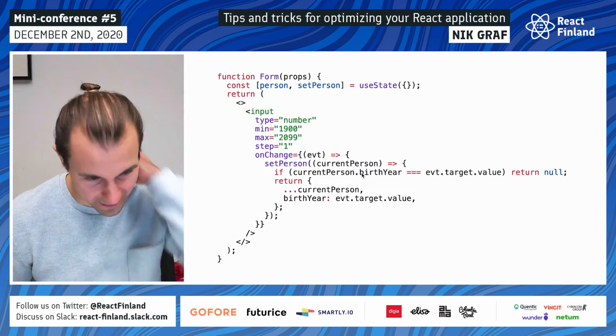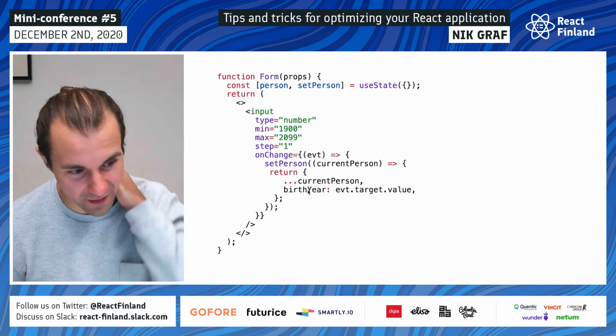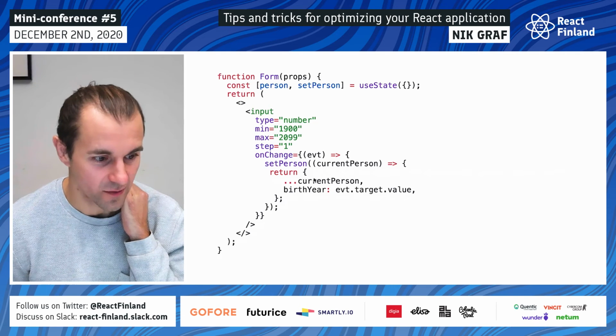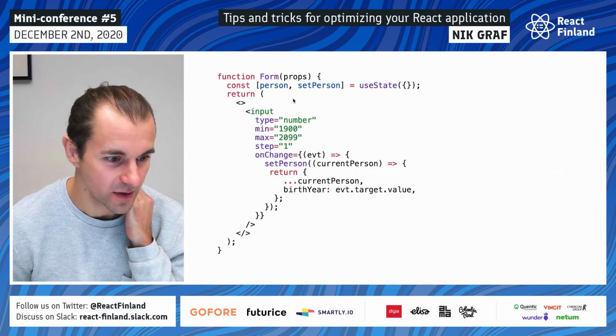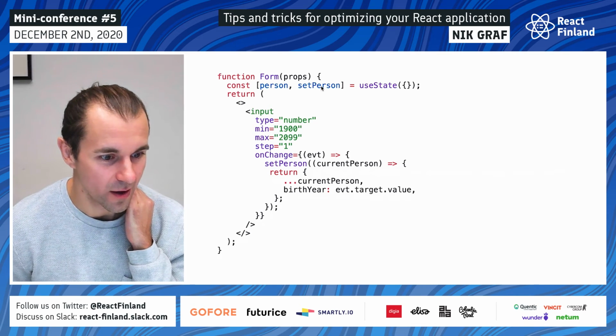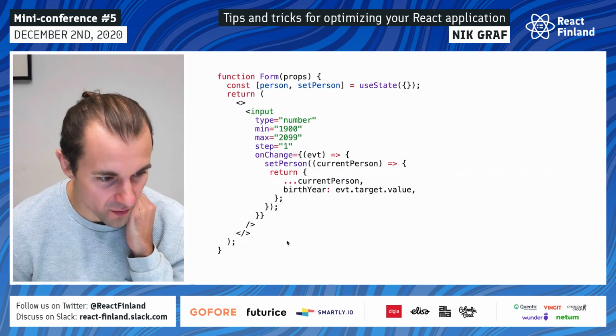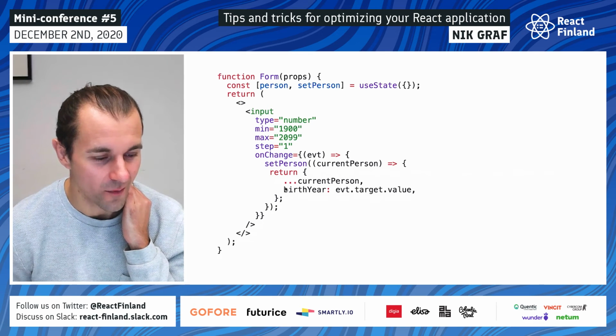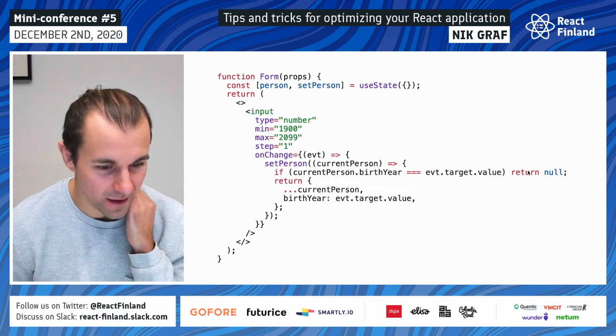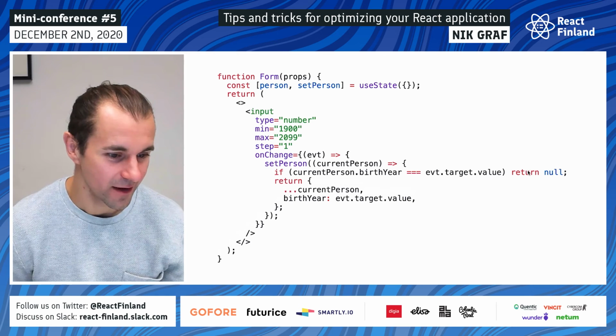And this is really nice, because this is a complex object, so it would create a new object every time, which would mean every time you call set person, it can't optimize it, and it would re-render the whole thing again. But if you return null, then it can actually prevent it.